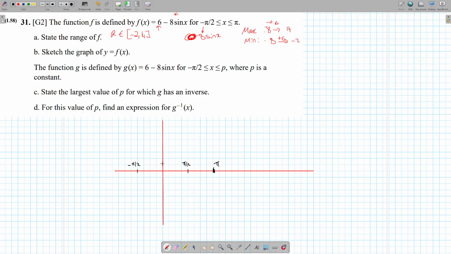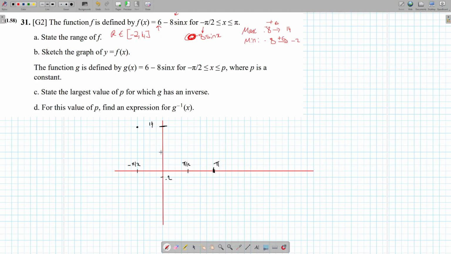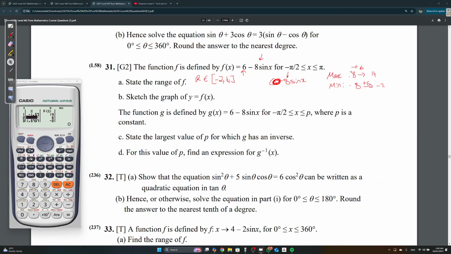Let's take our scale as 2 each one, so 2, 4, 6, 8, 10, 12, 14. So we're going to take 14, and negative 2 over here. So minus pi over 2, 14. At 0 it's 6 over here. I'm taking 2 for each square. Pi over 2, negative 2.